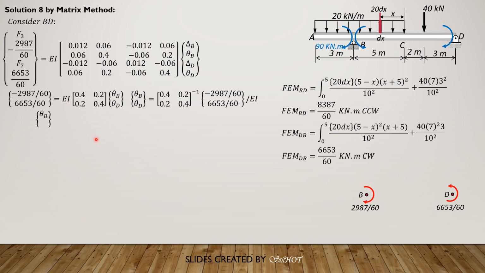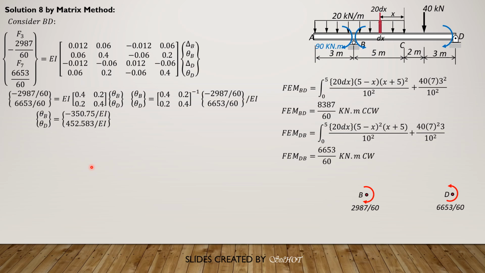So finally, theta B and theta D can now be solved. It is equal to negative 350.75 over EI and theta D 452.583 over EI. Remember theta B from the area moment method and from the conjugate beam method was negative 350.75 over EI. So our solution is correct.